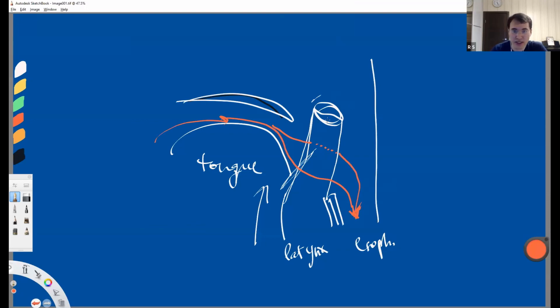But it doesn't mean that the child cannot suffocate, because if the child is being held in this position, so this is the head, and here we have this larynx, and we try to feed the child while they are lying, the milk will easily get inside and then into the lungs.